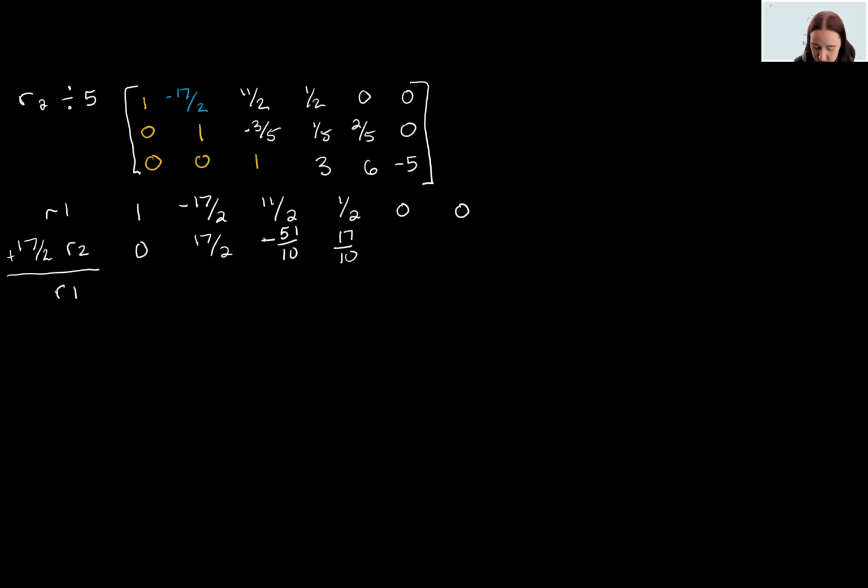And I could just do all of these multiplications in my head, but I just want to make sure I don't make any mistakes. So then I get 17 over 5, and then we get a 0. And now I'm also going to use my calculator to do the addition here, because it will be faster than trying to get a common denominator. So definitely use your calculator here.